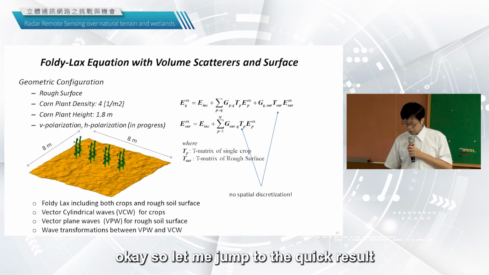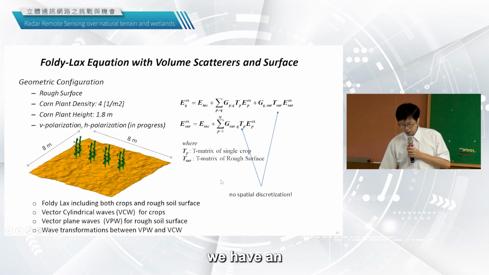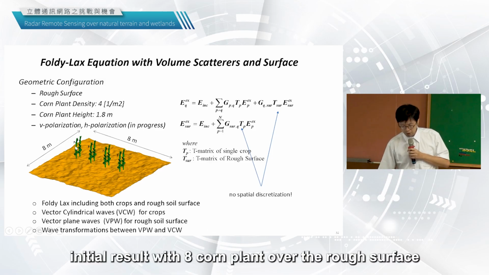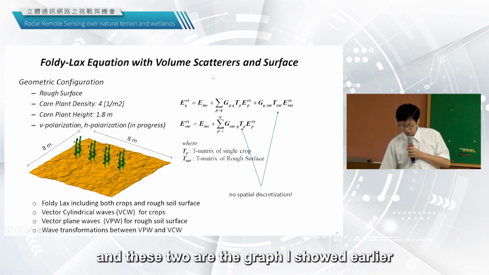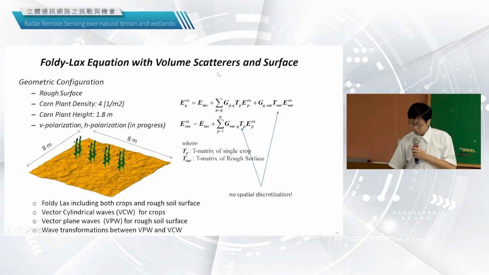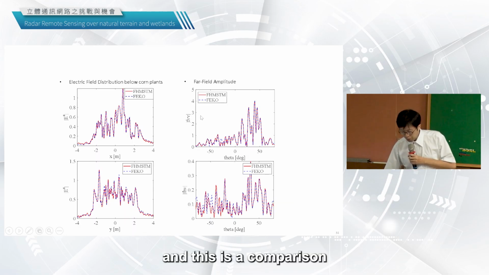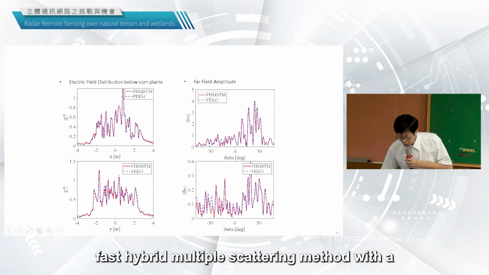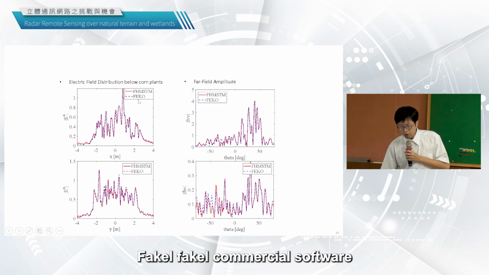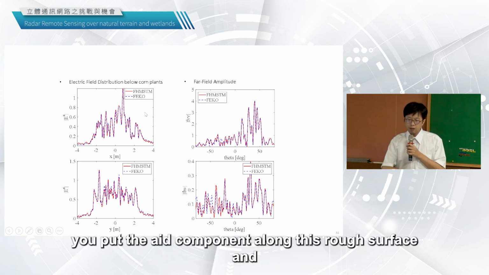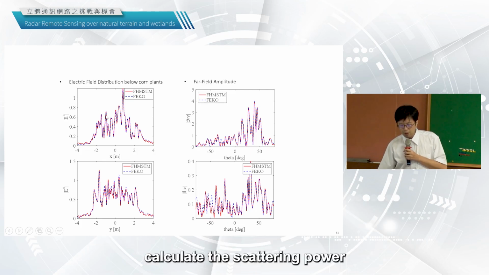Okay, so let me jump to the quick results. We have an initial result with 8 cone plants over the rough surface, and these two are the graphs I showed earlier. This is a comparison of this method, the fast hybrid multiple scattering method, with FEKO commercial software, where you put the 8 cone plants along this rough surface and calculate the scattering power.